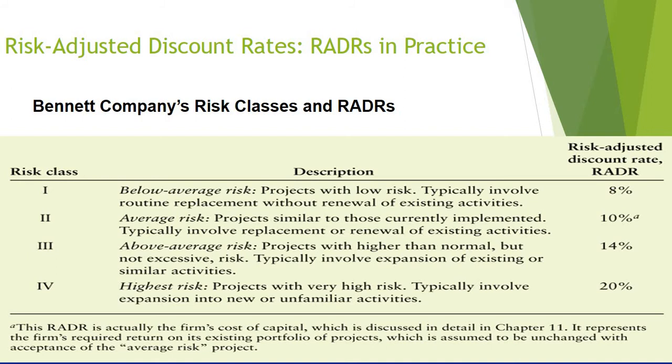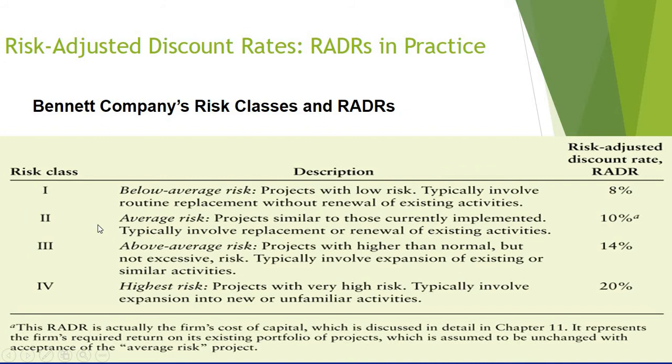So there could be different risk classes based on the riskiness of the project. For example, below average risk projects are projects with low risk, typically involving routine replacement without renewal of existing activities. The risk adjusted discount rate is 8%.